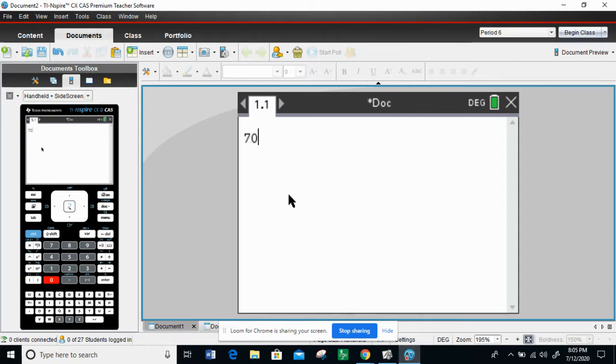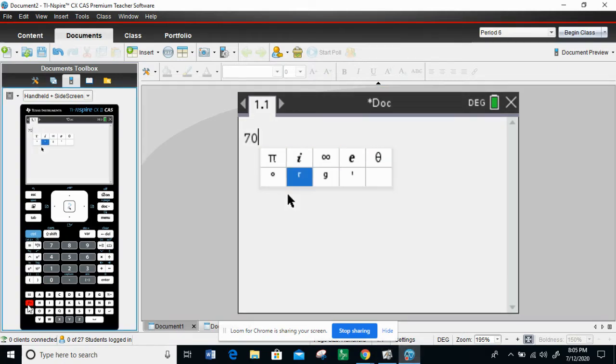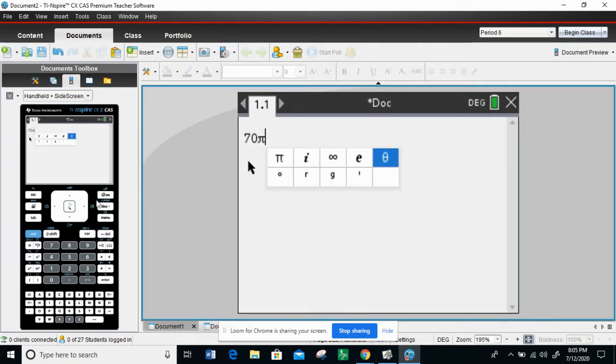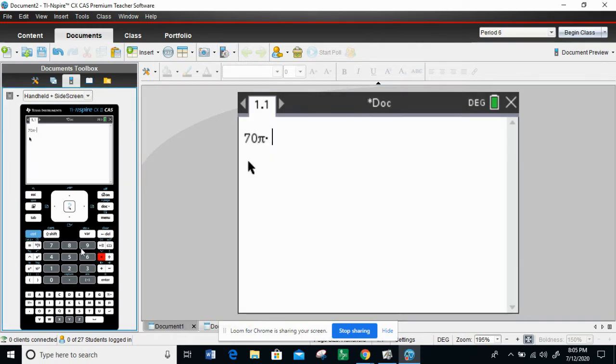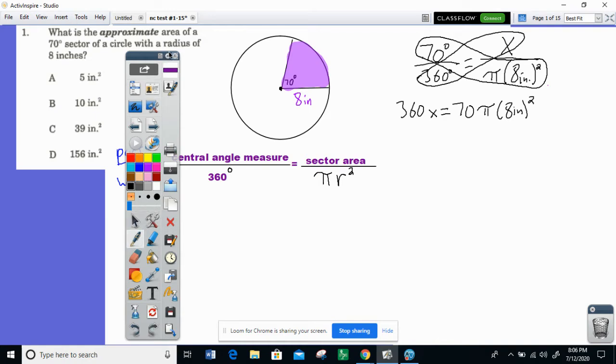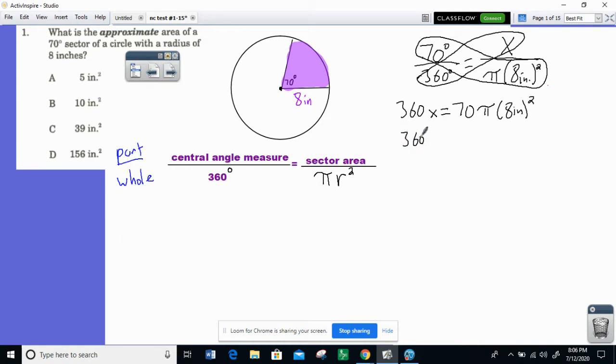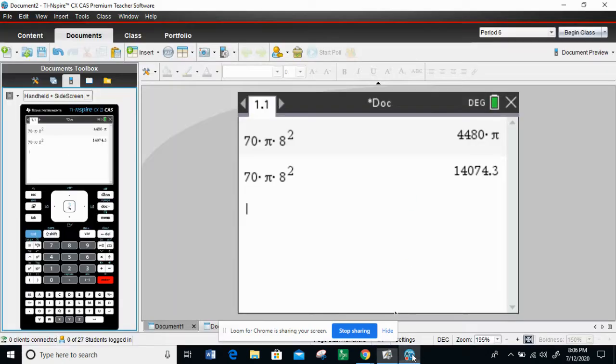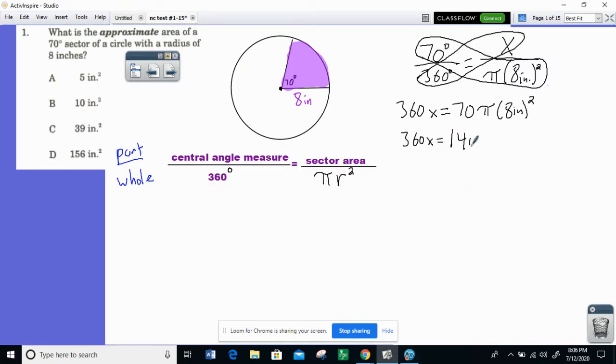70 times pi times 8 squared. All right, so as a decimal, that comes out to be 14,074.3. So we're going to put that down as part of our work. And now in order to get x by itself, we want to divide both sides by 360.